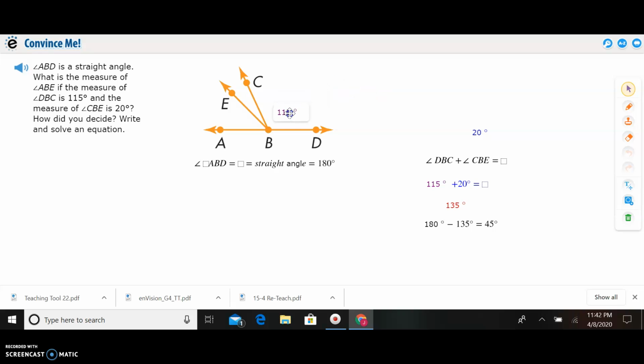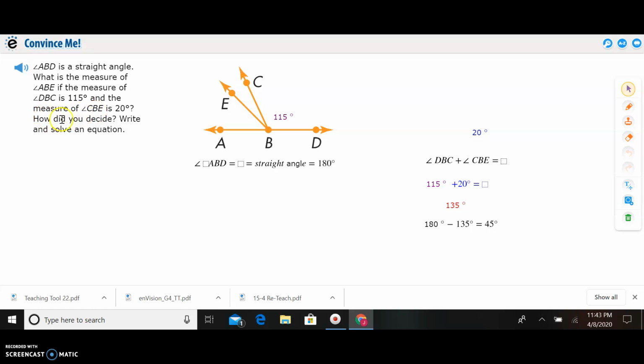So I'm going to pull that over here to help us fill in what we know. We can tell that this is an obtuse angle. It's more than 90 degrees, so 115 degrees makes sense.